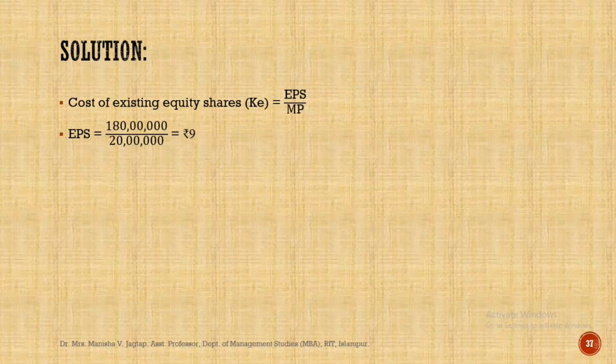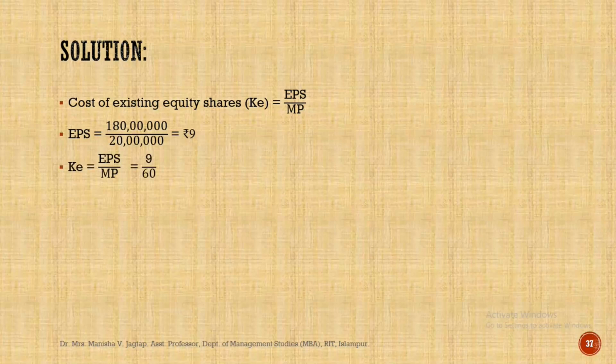Now what is this 180 lakh? This is earning of the firm, 180 lakh, and 20 lakh is the number of shares the company is issuing, and by applying this formula, that is income divided by number of shares, will give you the earning per share, that is rupees 9 per share.